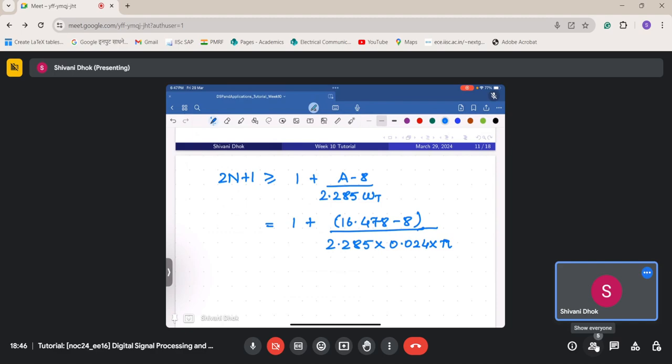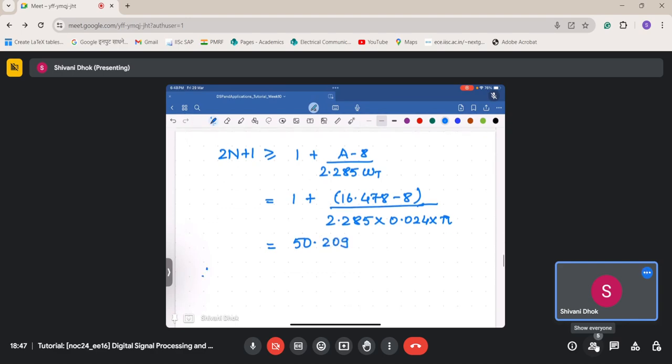And if we solve this using calculators, this comes out to be equal to 50.209. So therefore 2n plus 1 is greater than or equal to 50.209.